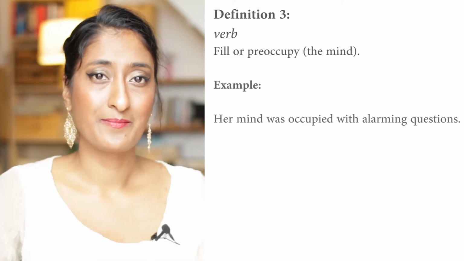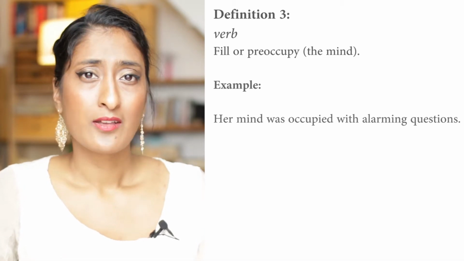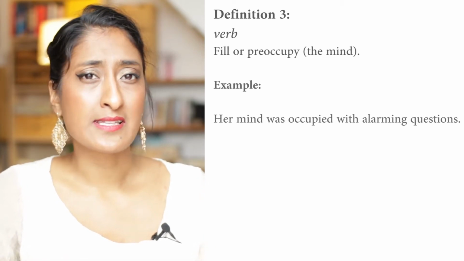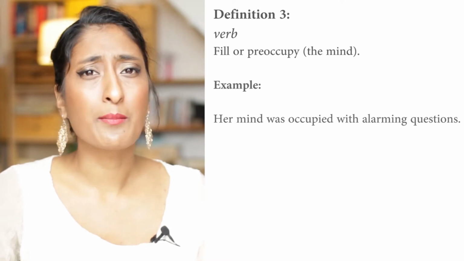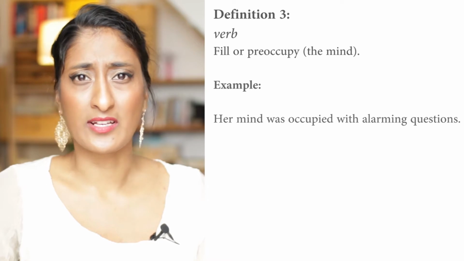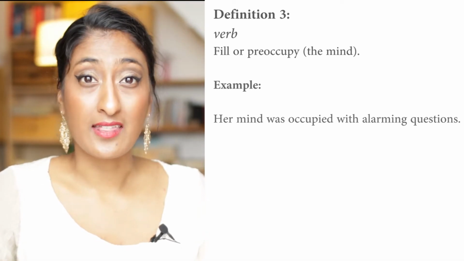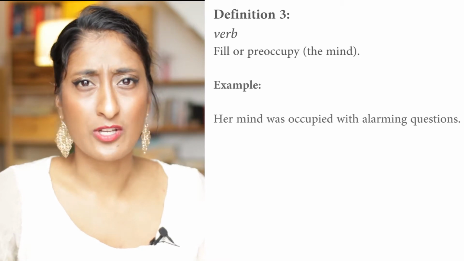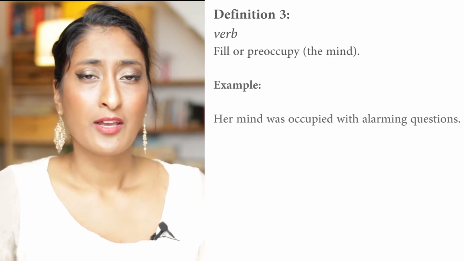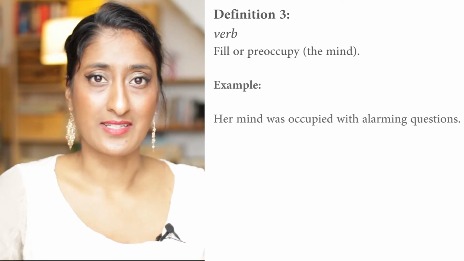Definition number 3. Fill or preoccupy the mind. So when somebody's mind seems really far away, they're thinking about something, or they could be confused and they're trying to figure out all the answers by themselves, and you can see that they're thinking to the point where they really don't notice anything around them, you can say that their mind is preoccupied. Here's an example sentence.